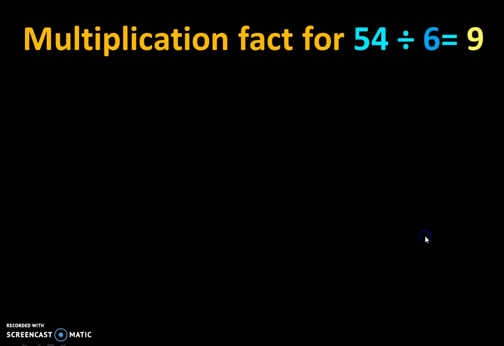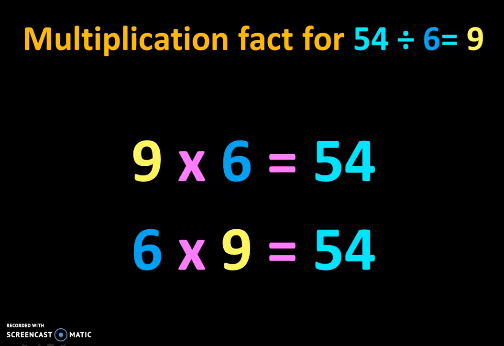And next is multiplication fact. Multiplication fact and division fact are opposite to each other. So here the division symbol is given and you have to multiply. When it is multiplied, you will put the cross symbol, that is the multiplying symbol. So here 9 into 6 is 54, or 6 nines are 54. The same commutative property applies over here: 9 into 6 is 54 and 6 into 9 is 54.